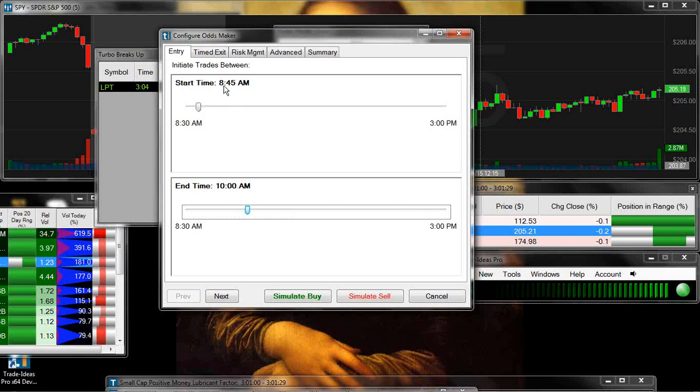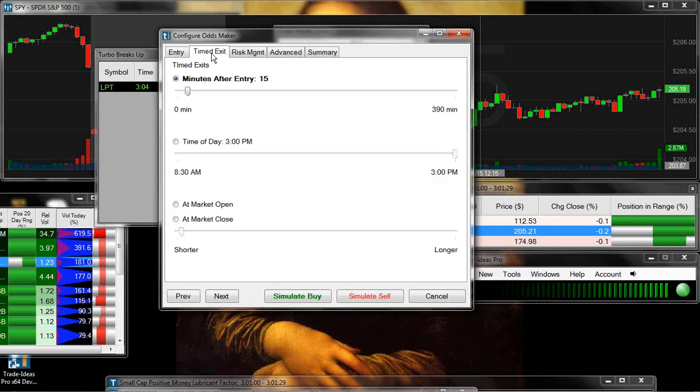So I could say, okay, I'm going to take all the trades between 8:45 a.m. and 10 a.m. And then when we come to the next tab, this is where we can dictate our hold time. So for intraday, we have minutes after entry, or we could hold till a specific time of day.